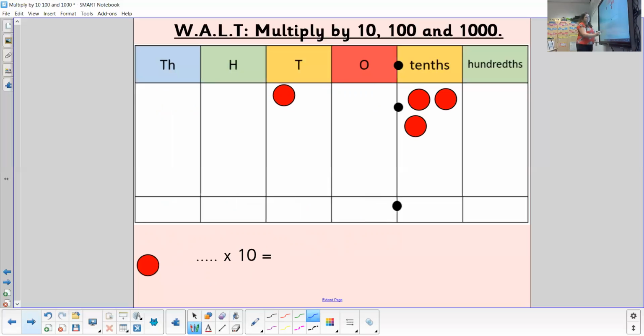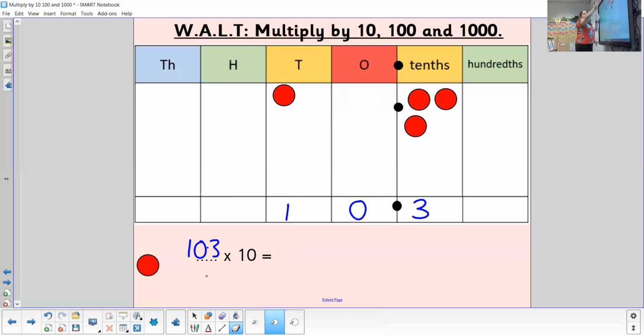This time, I've got something that I want to times by 10. First thing I'm going to do is write my number before I times it. So I've got 1 ten, no units, and 3 tenths. So I've got 10.3.